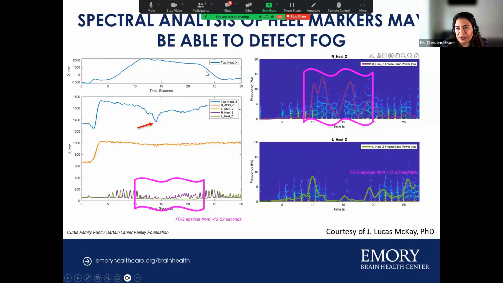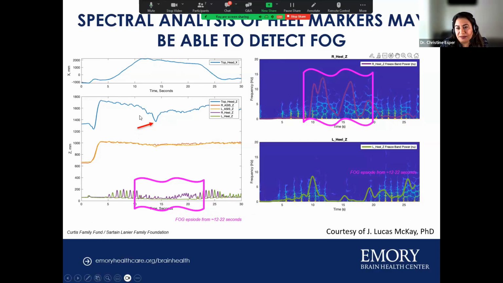So here in the blue is a marker that's at the top of the head. And if I walk you through this, on the left, you can see in the y-axis in our lab, the patient is walking over, and then over time, here's the patient walking.